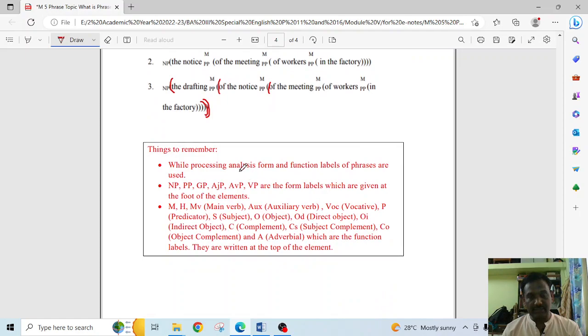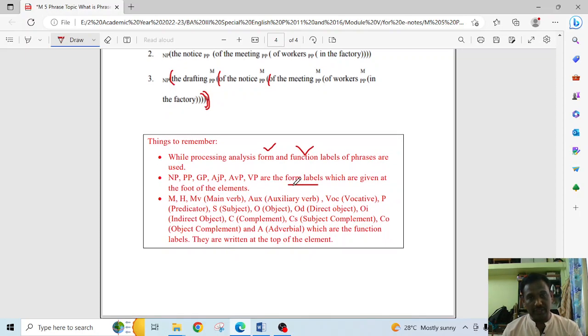What you have to remember is that for analyzing phrases, there are two important things we have to concentrate on, the form of that phrase and the function of that phrase. Noun phrase, prepositional phrase, genitive phrase, adjective phrase, adverb phrase, verb phrase are the forms of that label. So the first label that you find out is whether a phrase is noun phrase, prepositional phrase, or verb phrase, and you should note it at the bottom of that phrase, at the foot of that phrase.